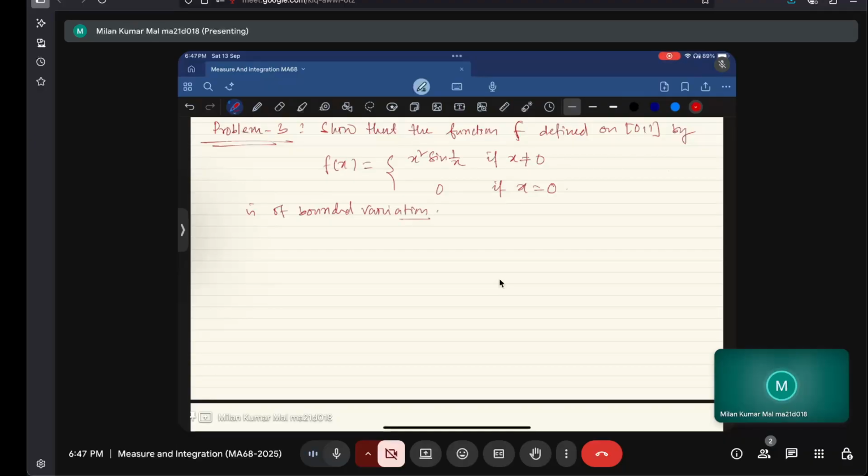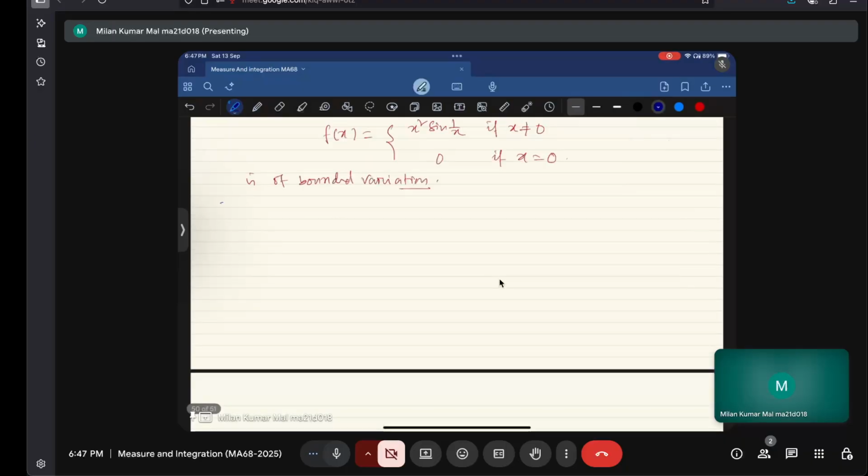So what is a bounded variation function? Let's recall a little bit.